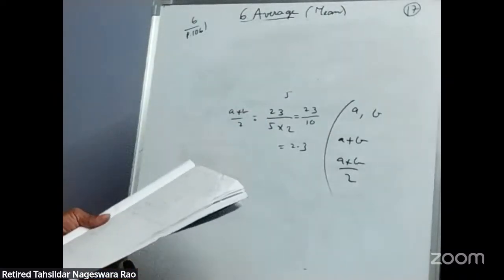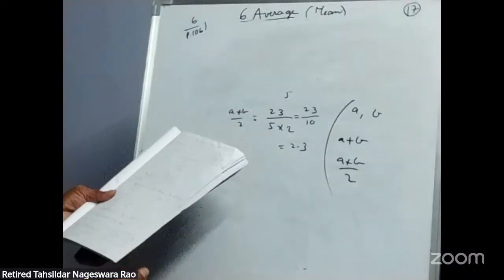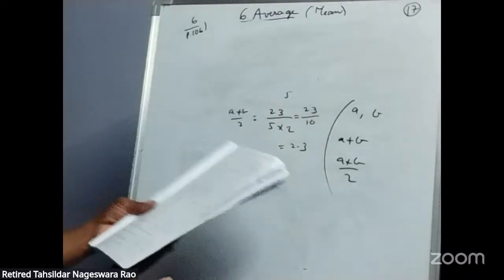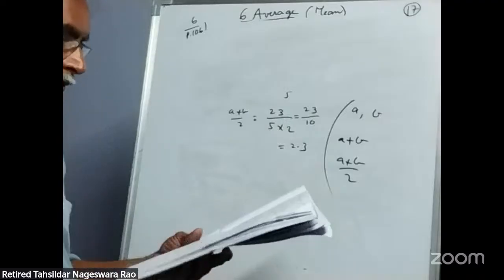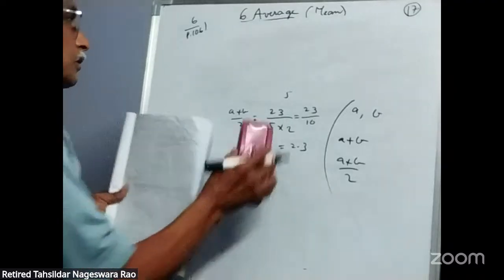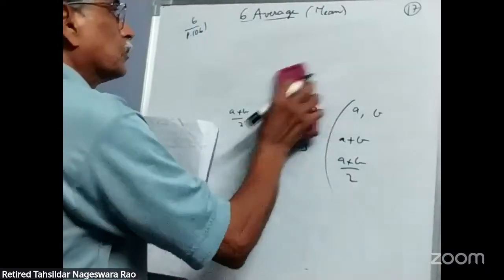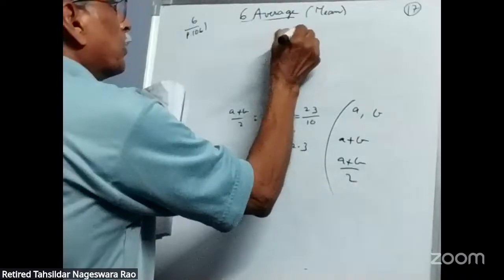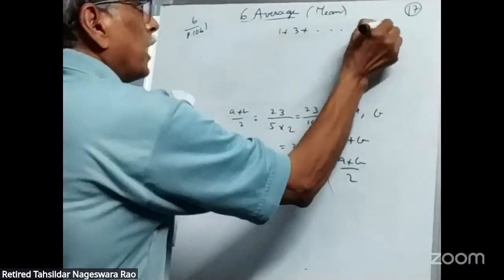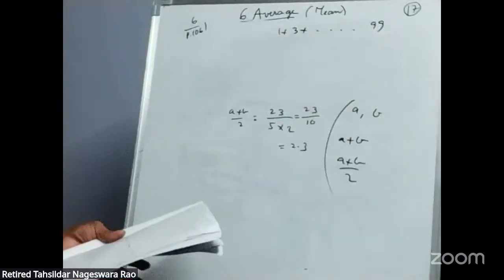The average of odd numbers up to 100 is asked. Find out the average of odd numbers up to 100, which means 1 plus 3 plus up to 99, those are the odd numbers.